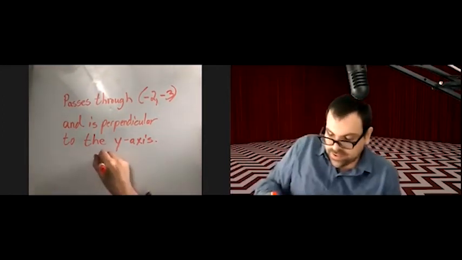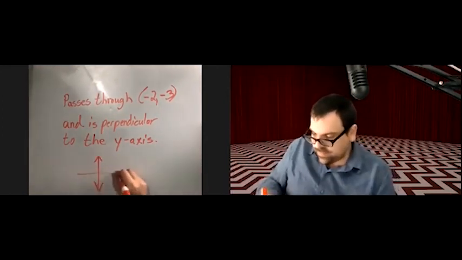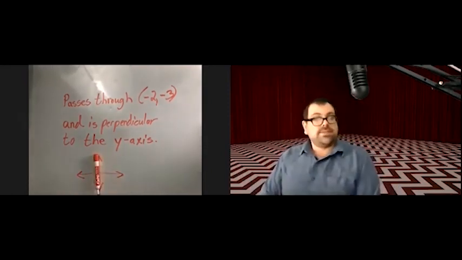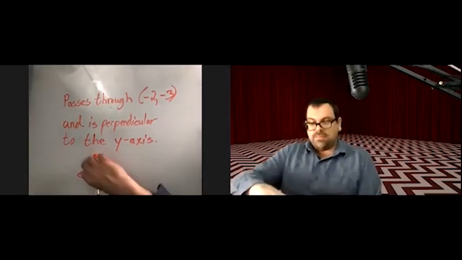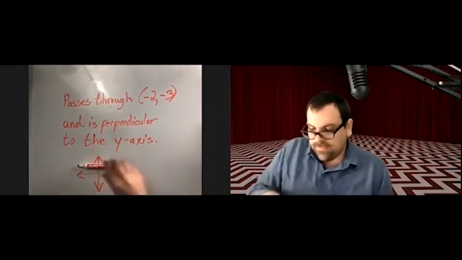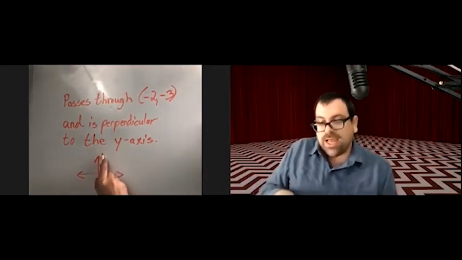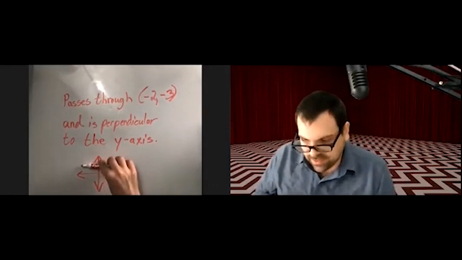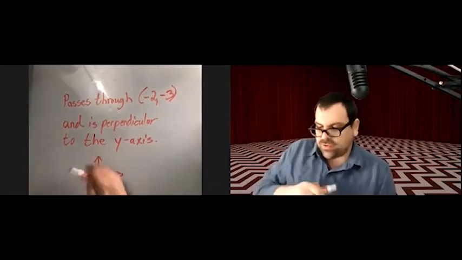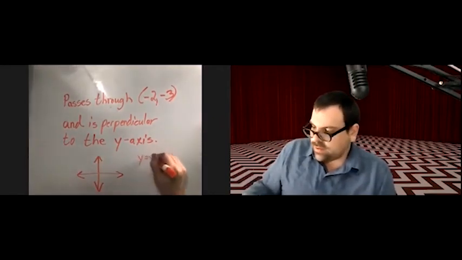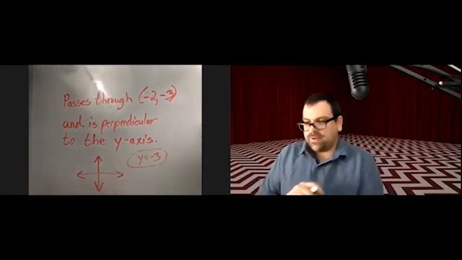Think about this. If we're perpendicular to the y-axis, that means we are striking the y-axis. The y-axis is a vertical line. Perpendicular to that must be a horizontal line. A horizontal line strikes the y-axis. Y is -3.